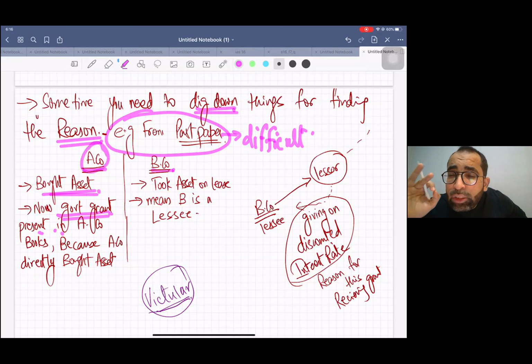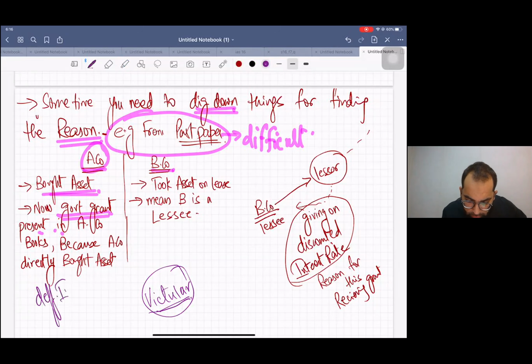In the balance sheet of A company, there is a government grant, deferred income. There was a deferred income liability in the question. I repeat, there were two companies, A company and B company, and you have to identify which one is better. You have to comment on which one is better.